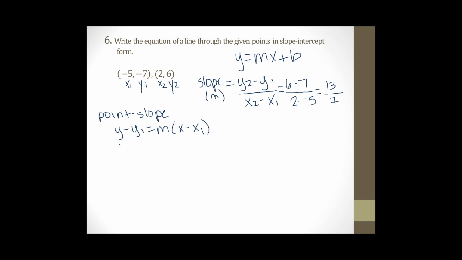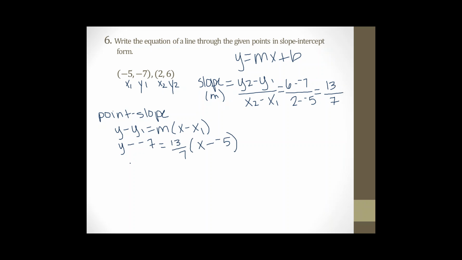So I'm going to plug in my x1, y1, and m. So y minus negative 7 equals 13 over 7 times x minus negative 5.